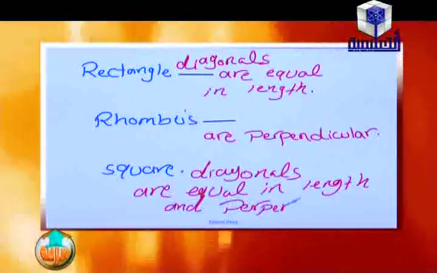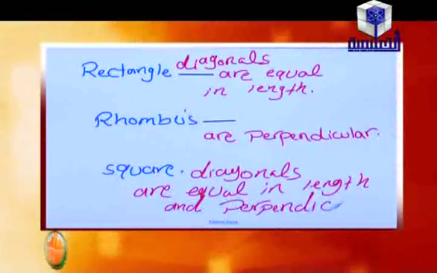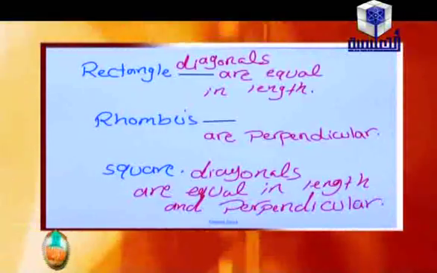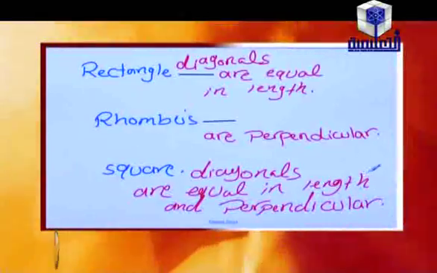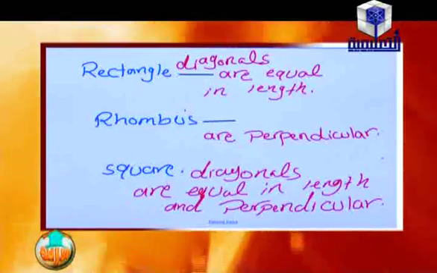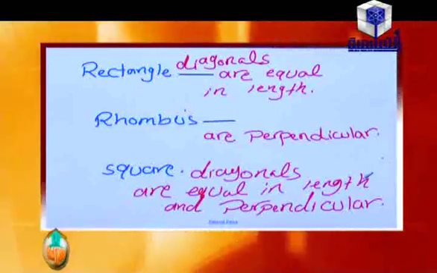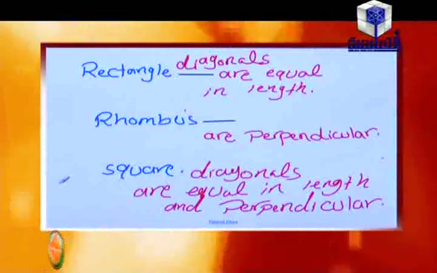Rectangle: equal in length, not perpendicular. Rhombus: perpendicular and not equal in length. Square: equal in length and perpendicular, both.